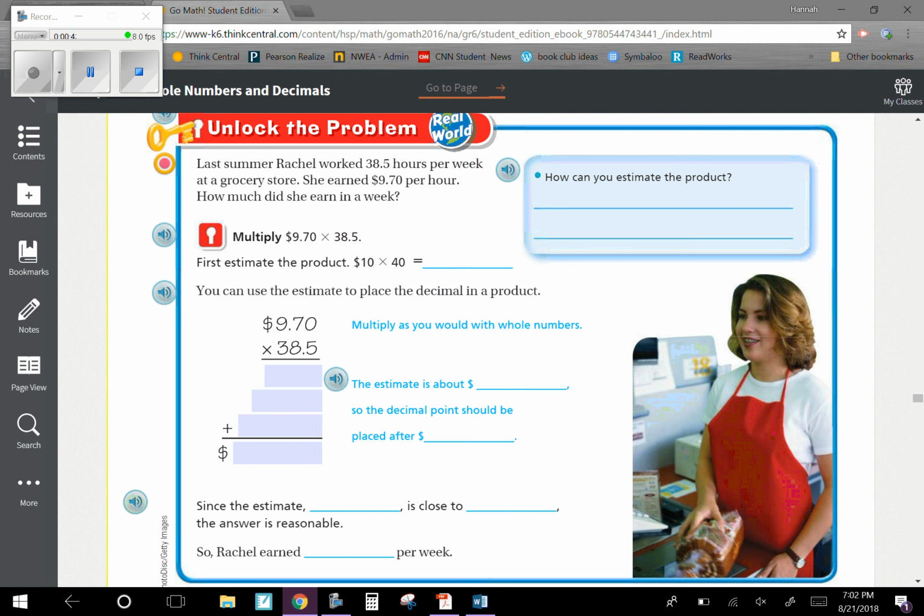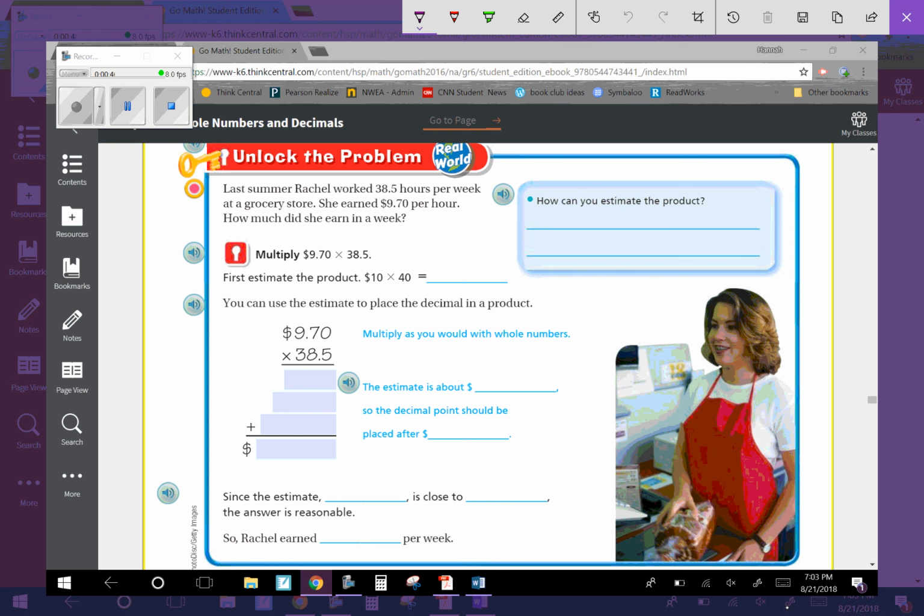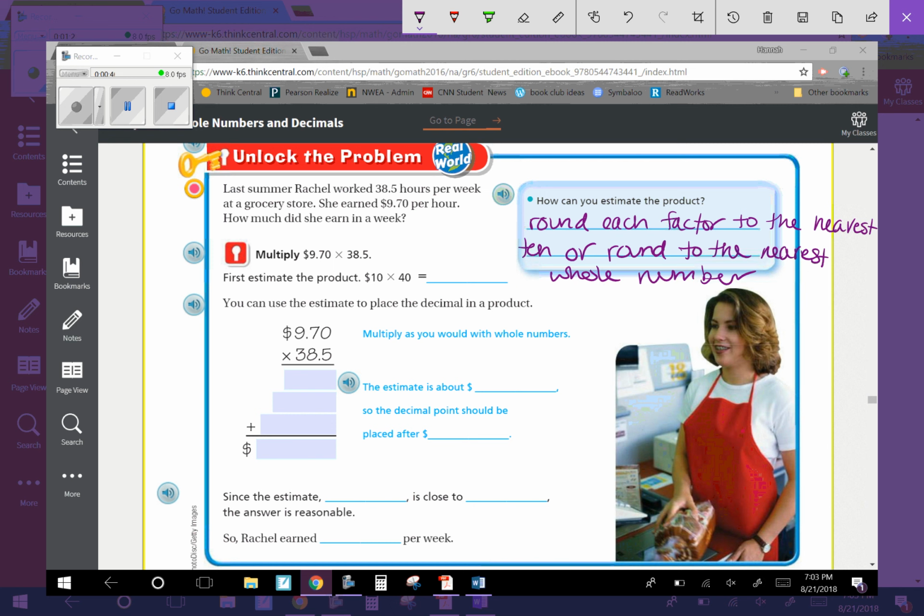Well, if I round each factor to the nearest 10, or round to the nearest whole number, that would give me an easy way to estimate the product.